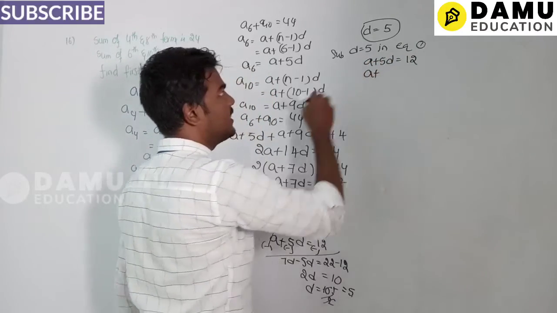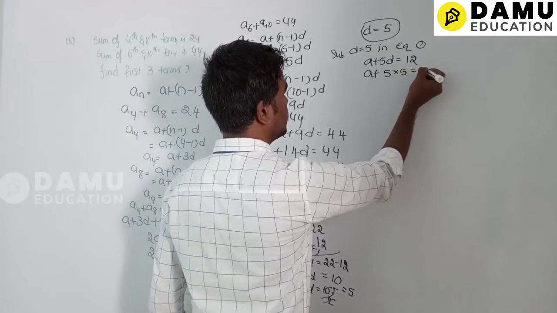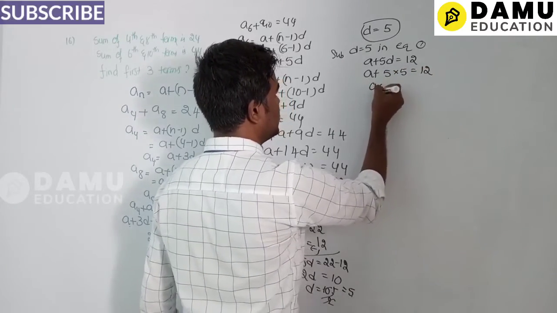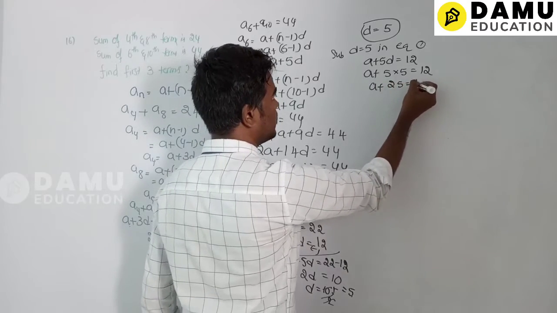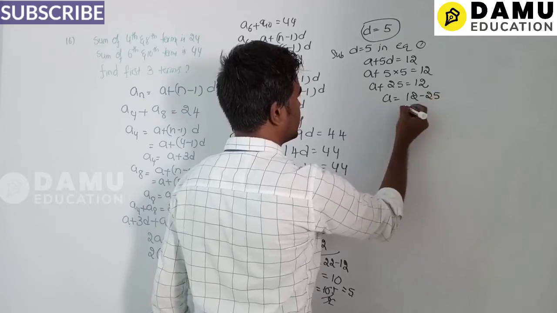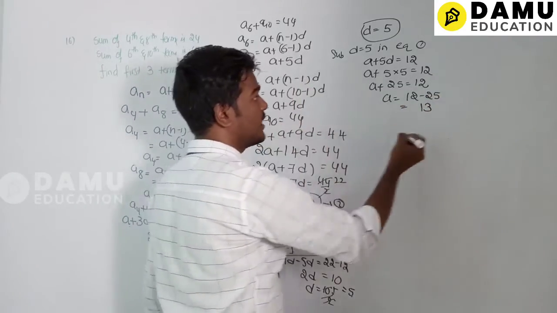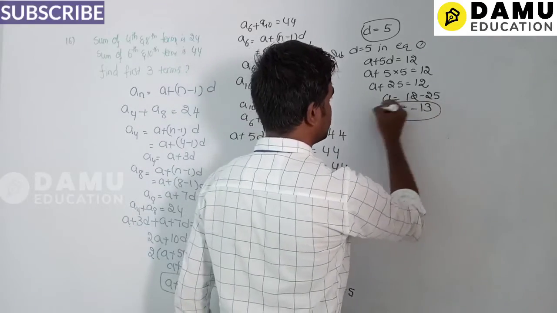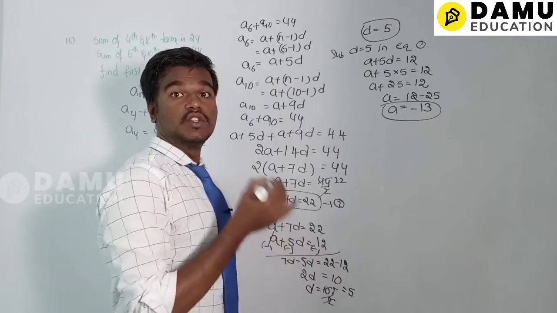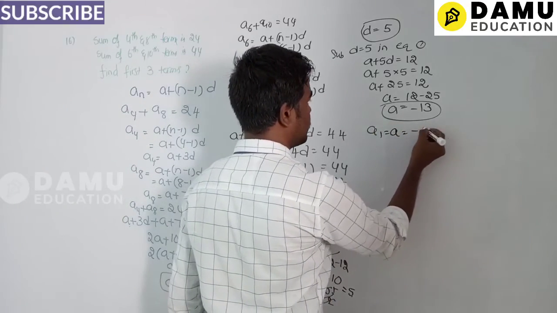So A plus 5 into 5, which is 25, will be equal to 12. Then A is equal to 12 minus 25. 25 minus 12 is 13, so with the minus sign, A will be equal to minus 13. This is the first term: A1 will be equal to minus 13.